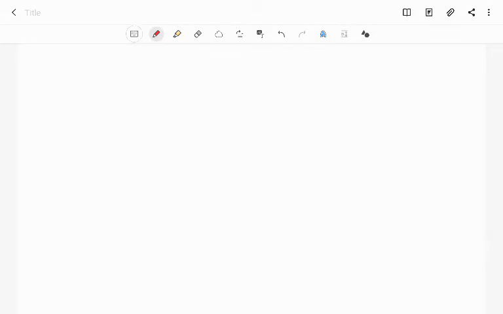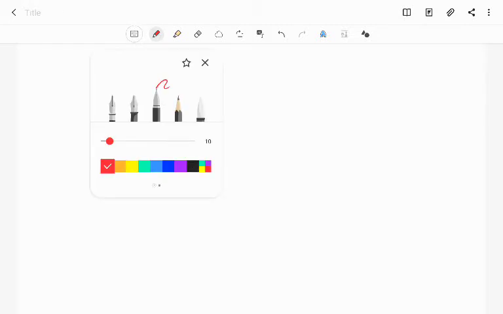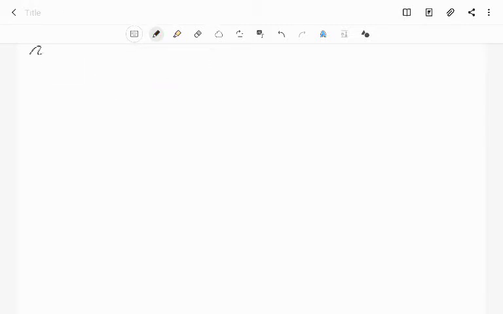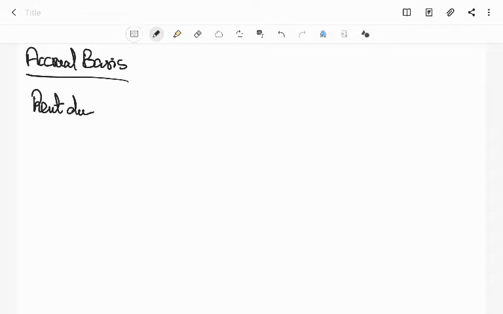Then we have the accrual basis. Rent due: 6,000 times 9 divided by 12 is 4,500.